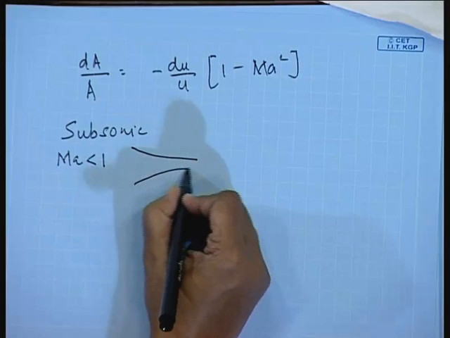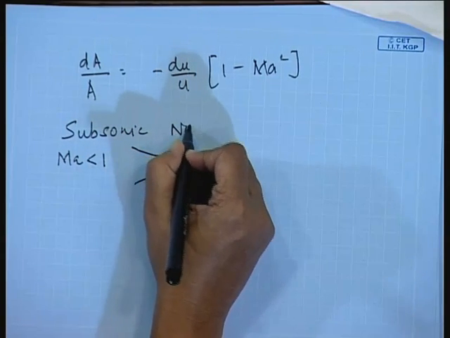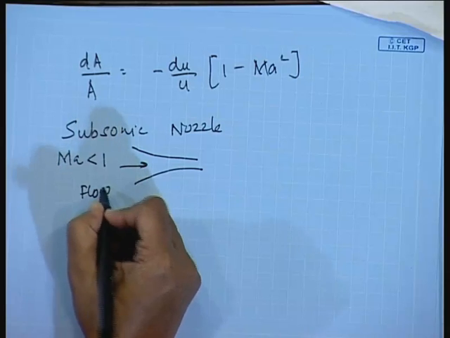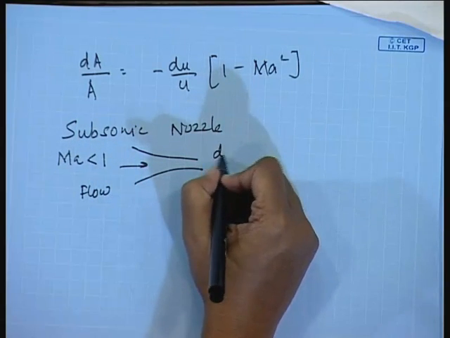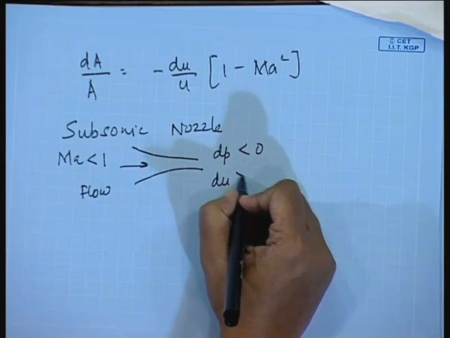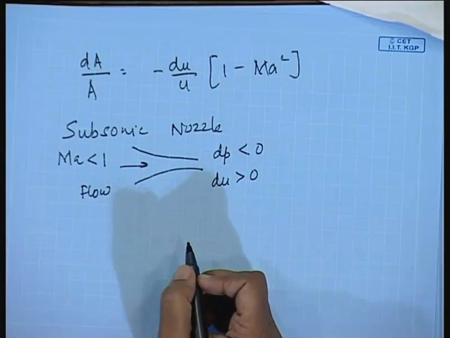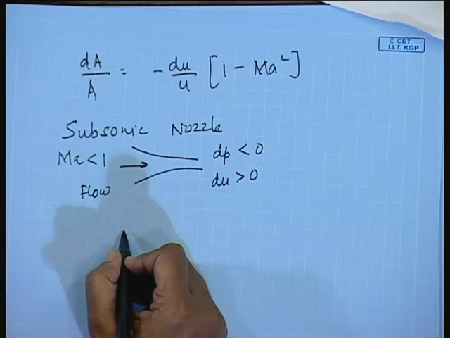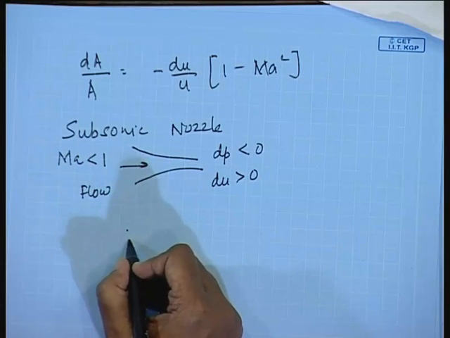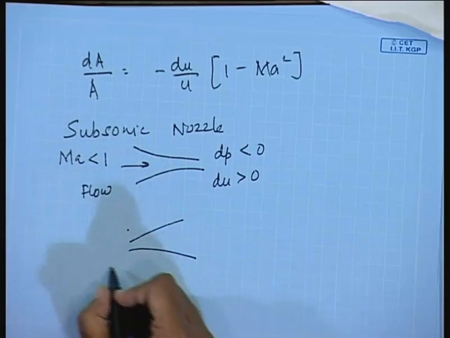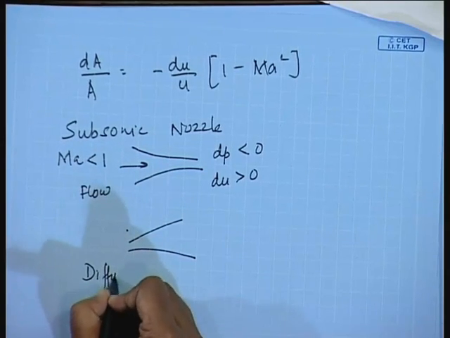The nozzle will be something of this sort. Flow occurs in this particular direction. For this particular case, we know dP less than 0 and du greater than 0, isn't it? And what about a diffuser? A diffuser will be something of this sort. So, this is a nozzle and this is a diffuser.